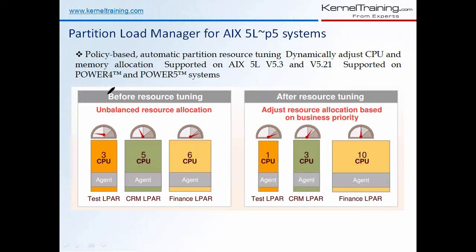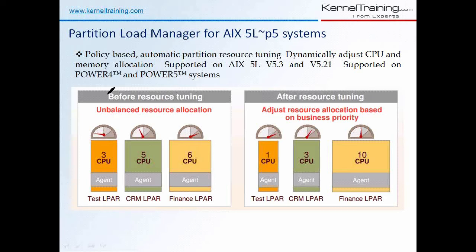If you have PLM, you can allocate the resources as per the LPAR requirement. You can tune the resources to get the optimum performance from it. You can assign CPU, memory, and IOs, and tune IOs to get more optimum performance.